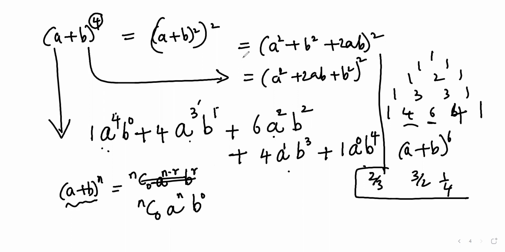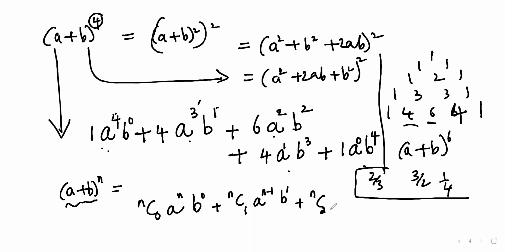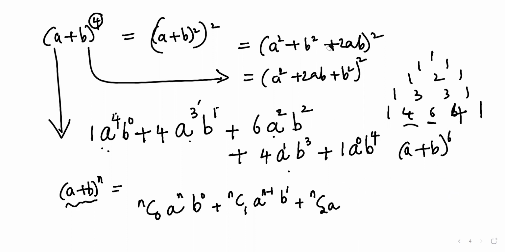I have not yet come to b here. Next, nC1 a to the power of n minus 1, the powers of a keep on decreasing, b power 1, plus nC2 a to the power of n minus 2, b to the power of 2.